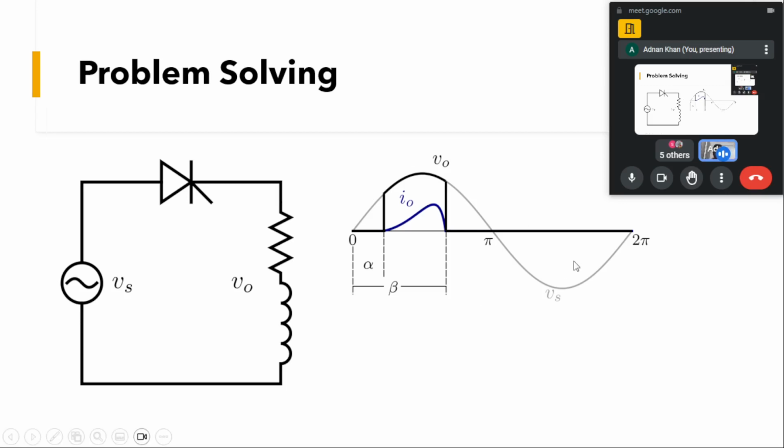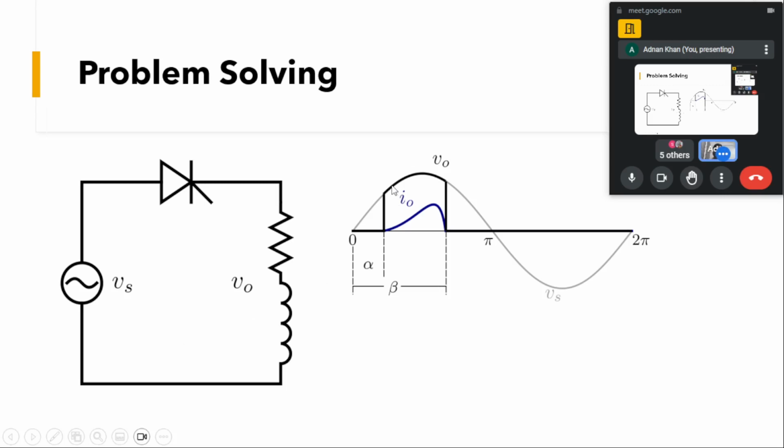For the DC part, the inductor won't come into play. The impedance offered by the inductance is omega L, which is 2 pi f into L.